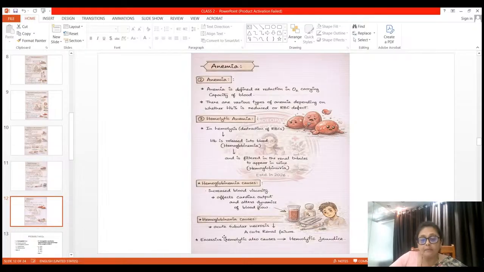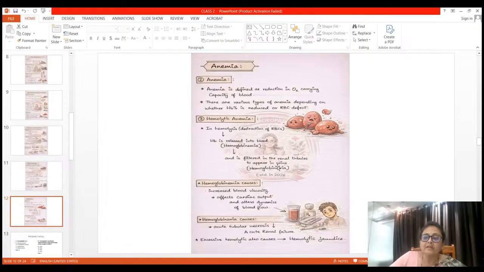And hemoglobinuria causes acute tubular necrosis, because it forms a protein complex and blocks the sieve, that is the Bowman's capsule. That is why it causes acute tubular necrosis and acute renal failure.